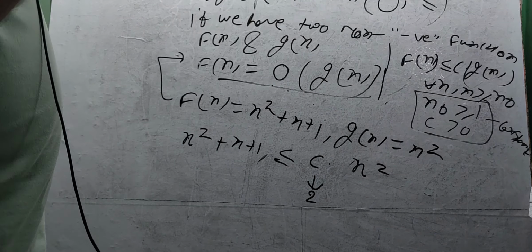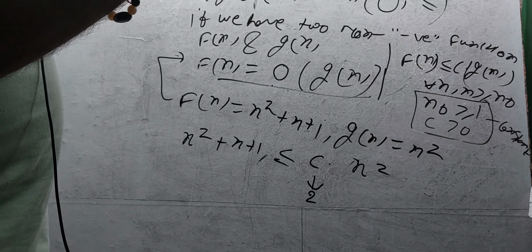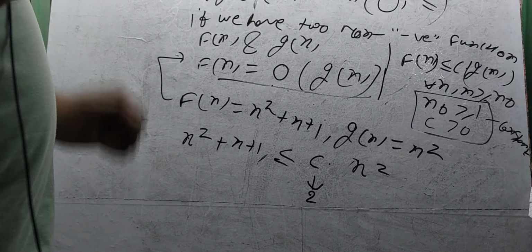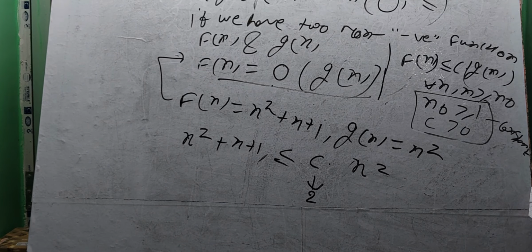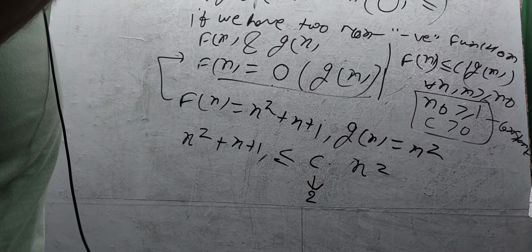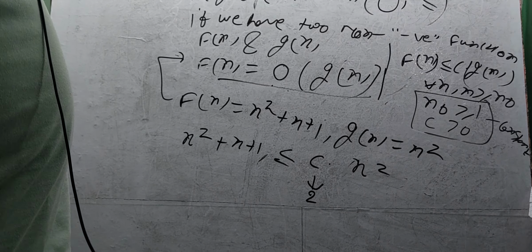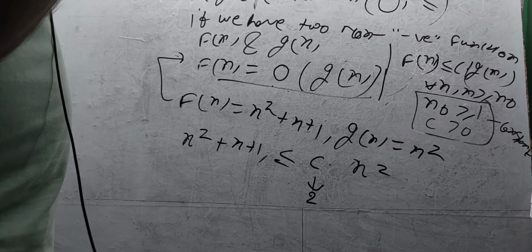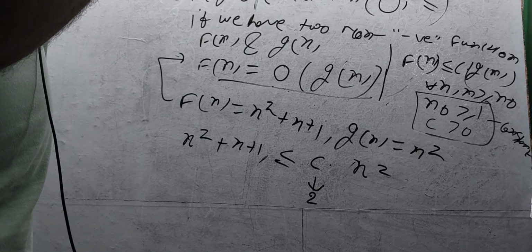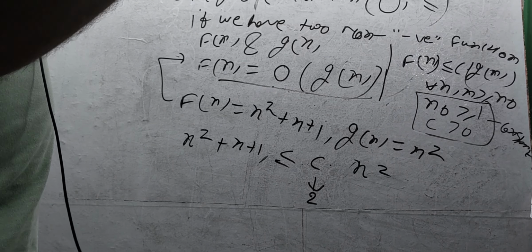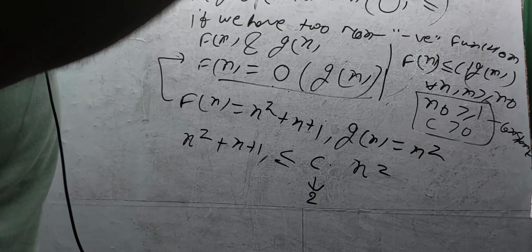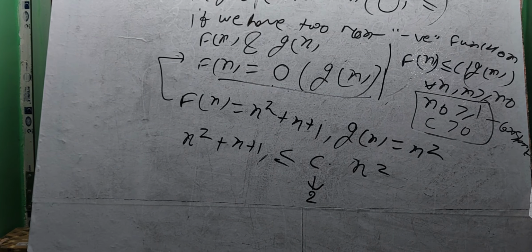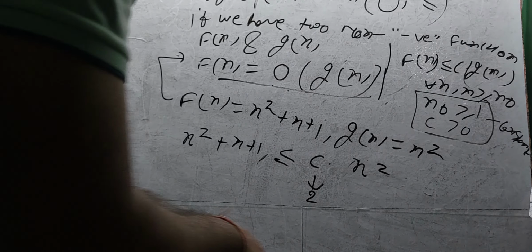In Big O notation, our goal is to make the right hand side greater than the left hand side somehow by using some constant c, and we will find that point also, from which the right hand side will be greater than the left hand side.